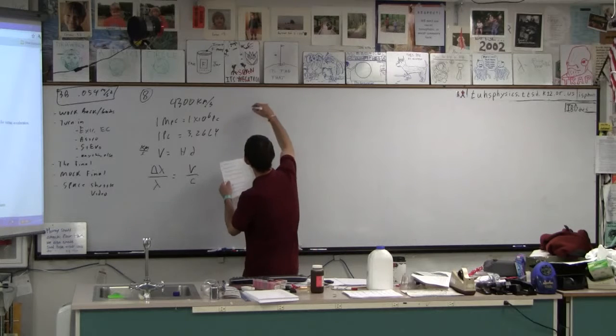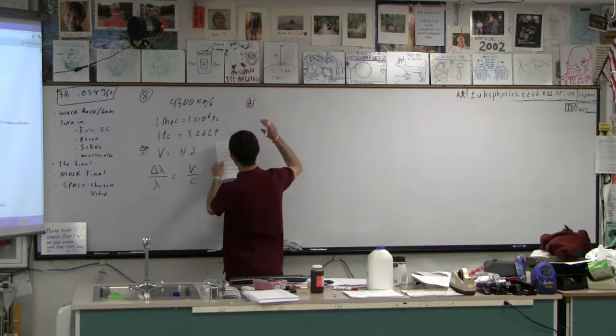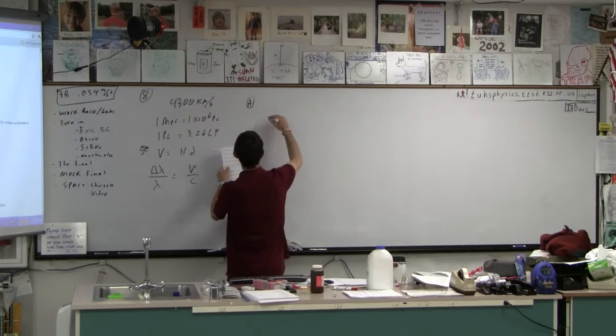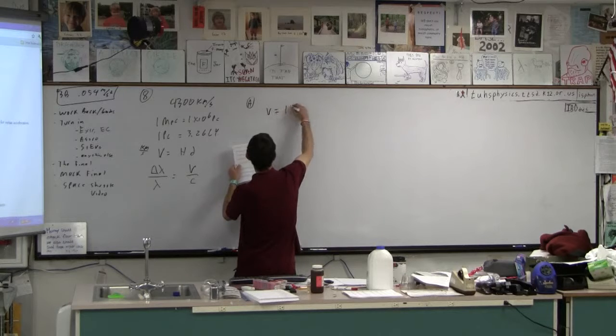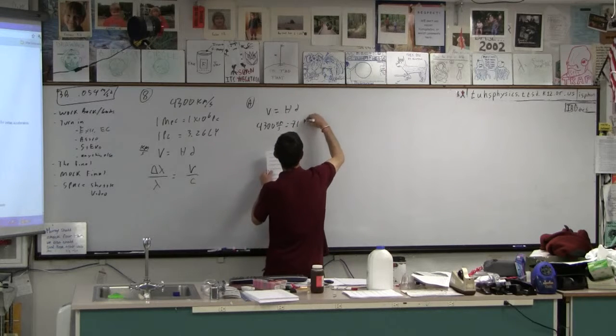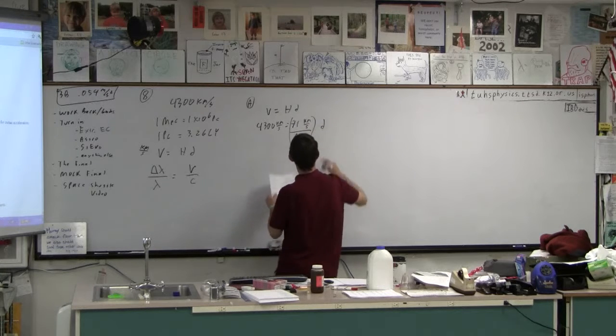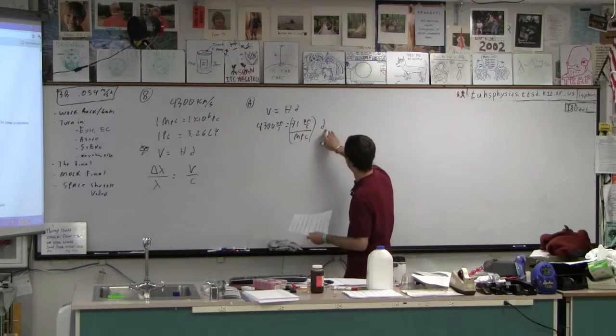So the first thing says, calculate the distance to this galaxy in light years using the Hubble constant of 71 kilometers per second per megaparsec. So V is HD, so 4,300 kilometers per second equals 71 kilometers per second per megaparsec times D. So D is going to be in megaparsecs.